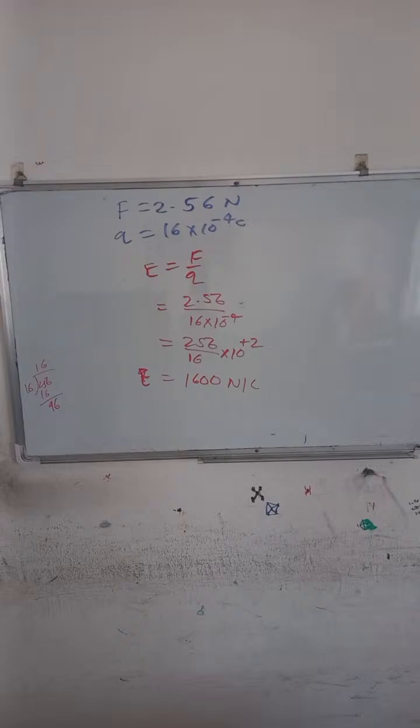C, third option, minus 5.3 into 10 raised to minus 9 coulomb, and last option, 5.3 into 10 raised to 9 coulomb.